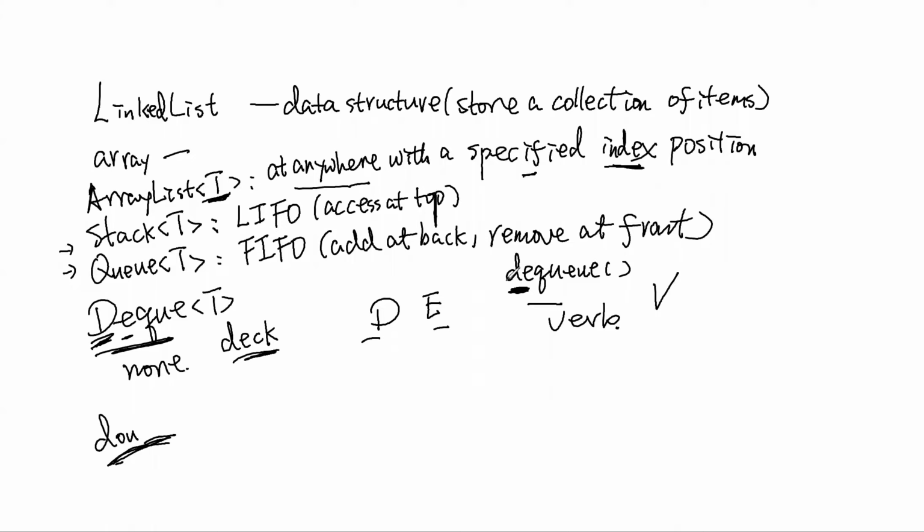This is the root for the verb in English, but this DE is different. That DE is D and E. What is D and what is E? D is double, very good. E is what? Double what?